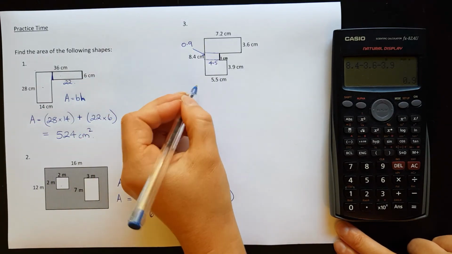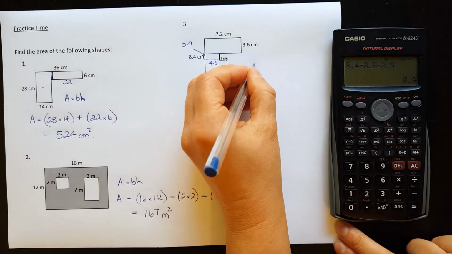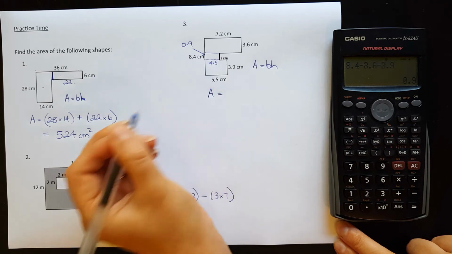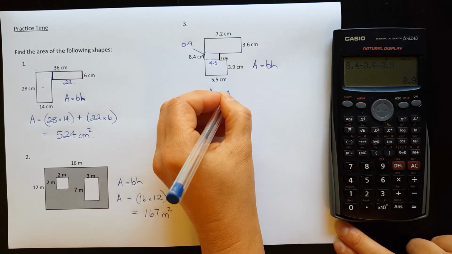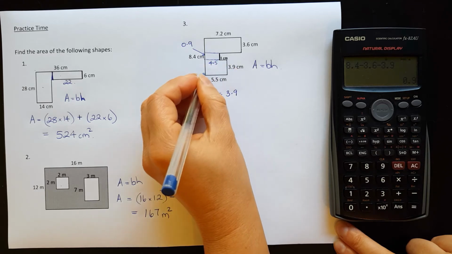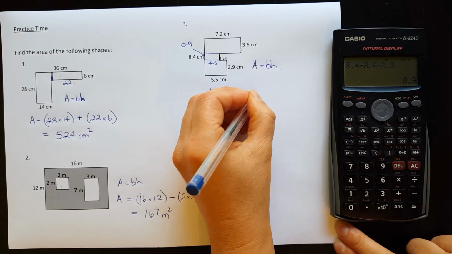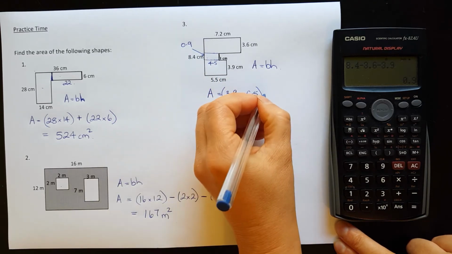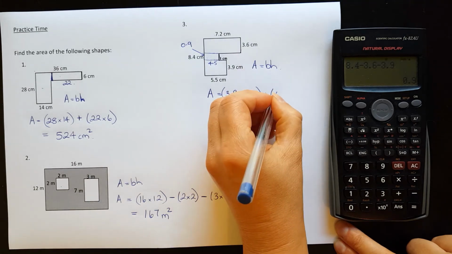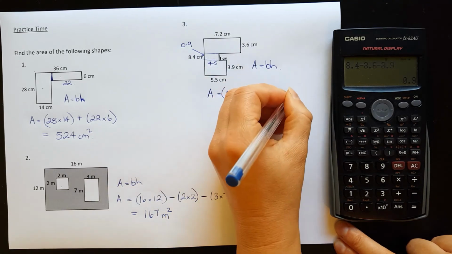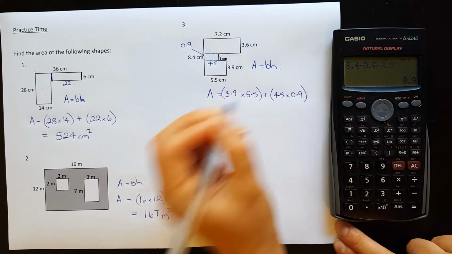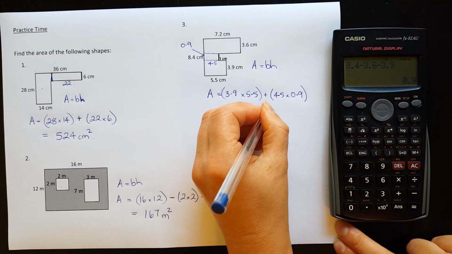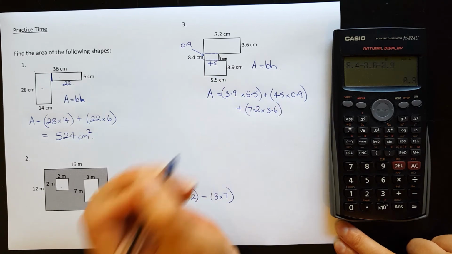So let's find the area. The rectangle formula is base times height. So area is equal to 3.9, I'm doing this rectangle in the bottom here, times 5.5. That's that one done. Let's just work our way up. We'll go to the little one next. Plus 4.5 times 0.9, plus the big one on the top, 7.2 times 3.6.